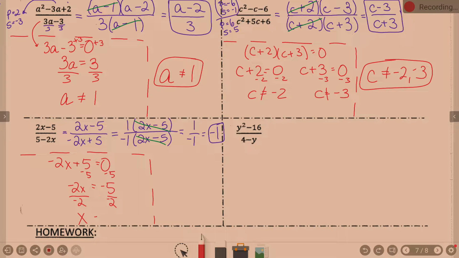Negative divided by a negative is a positive. 5 divided by 2. I'm going to say 5 halves. Math Excel might let you put 2.5, but they also might make you leave it as this and say x cannot be 5 halves.